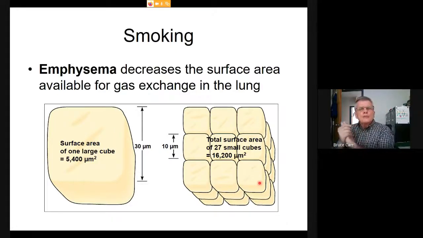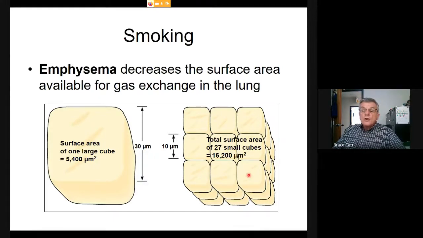This is strictly a physical effect. You can look at this. This is basically a problem in solid geometry. Here's a cube with 30 micrometers on a side. The surface area is 5,400 square micrometers. And since surface area relates to transport of molecules, that's the limit for transport in this larger cube. Take this and divide each dimension into 10 micrometer cubes. So here's the bunches of grapes.